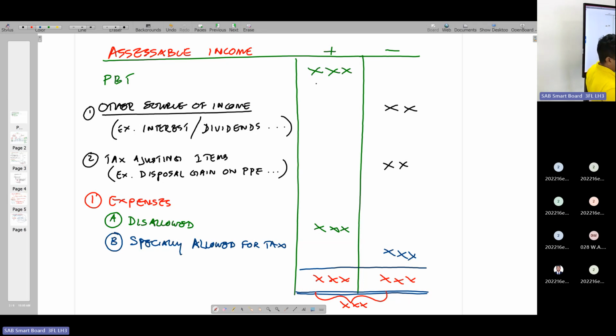Whether you know the law or not, once you go with this format, the assessable income automatically comes.